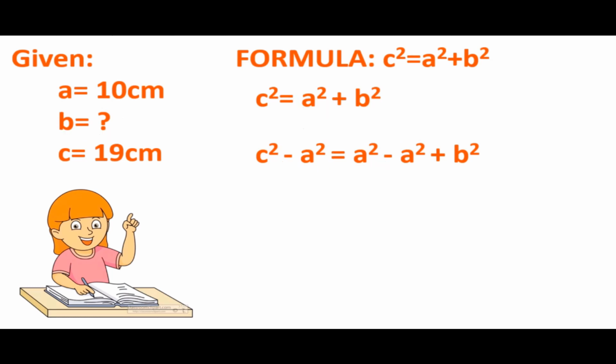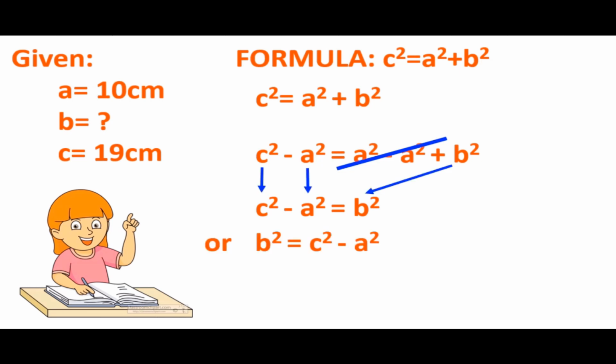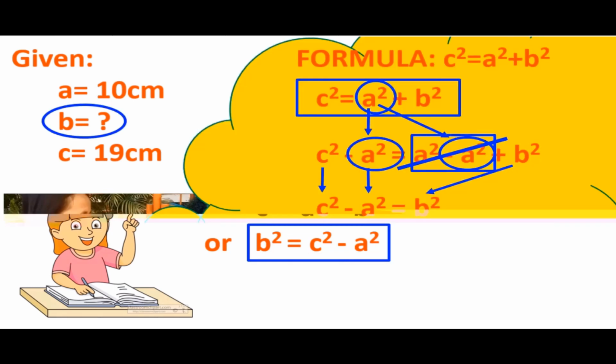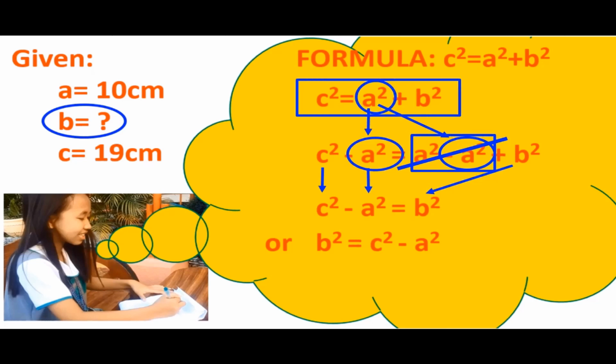From this, we can now cancel A squared minus A squared. The formula will now be C squared minus A squared equals B squared, or B squared equals C squared minus A squared. Then substitute the value of C and the value of A.